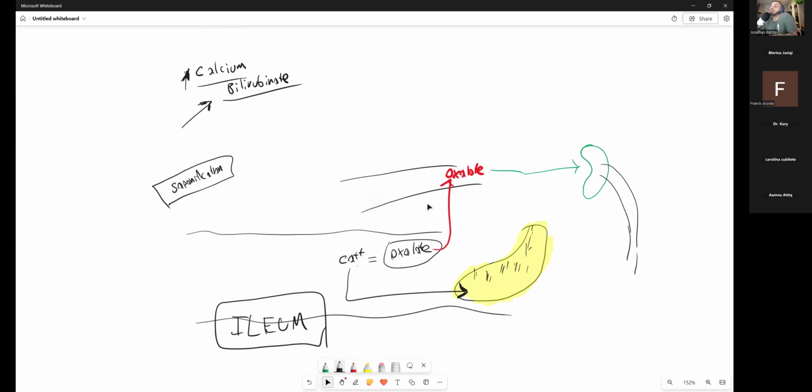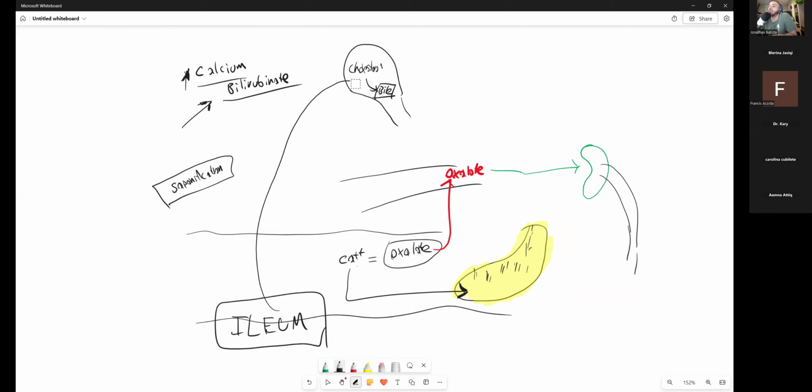This is a very important process because you can't really have all the cholesterol becoming bile acids. You can't have all that happening, which is why we need to balance this out. We need to help this process by reabsorbing the bile acids. Now, if you cannot reabsorb it, this would be unbalanced.